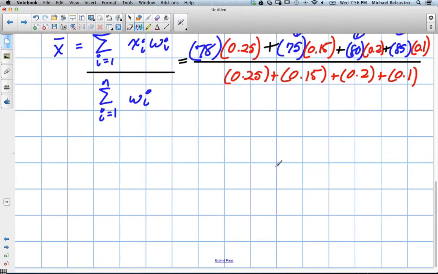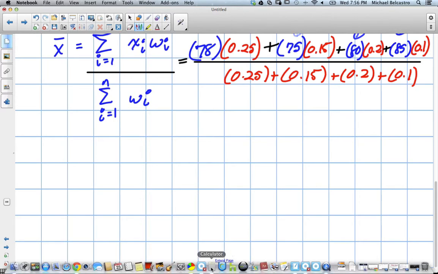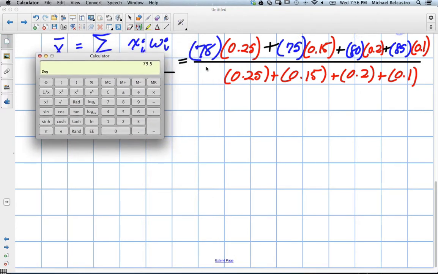So we're going to have to put this all together. So we need a calculator, and this is the tedious part. Let's try to work it all out. Your calculators might be a little better at this than mine. So we're going to try to do this all in one step here instead of going one at a time.